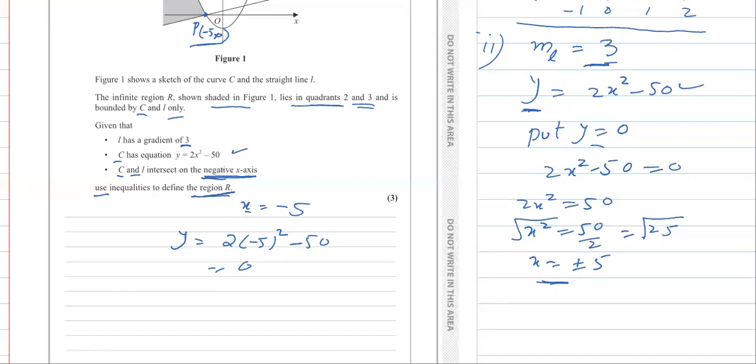So for finding the equation of L, what I will do, I will use this one, y minus y1 is equal to m into x minus x1. This is m of L that we have here.